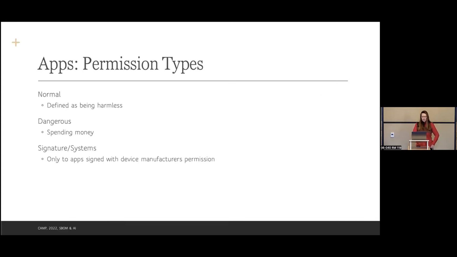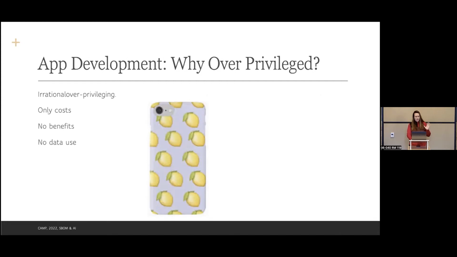So what about apps? If we think about permissions, the advantage of permissions over SBOM is that permissions are already labeled: normal, harmless, dangerous, and system. We don't have that for SBOM. Maybe we could develop it, but it doesn't exist. So there's already information that makes it easier for developers, but they still irrationally overprivilege.